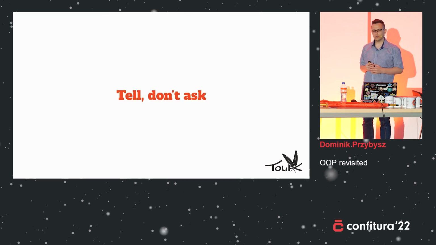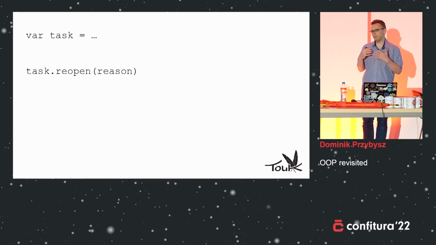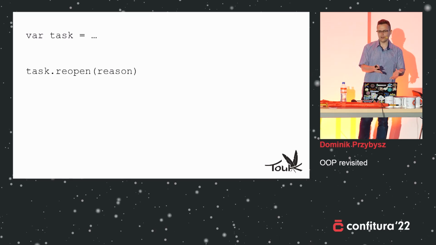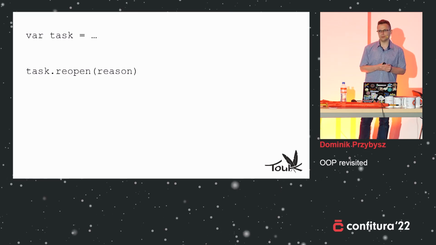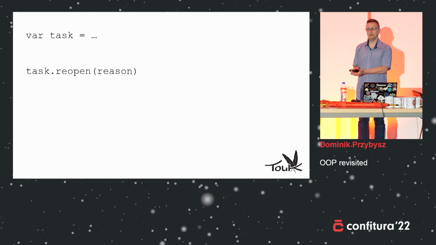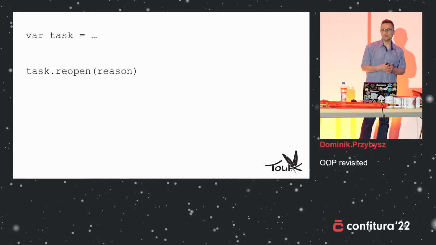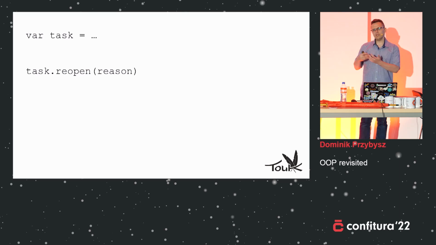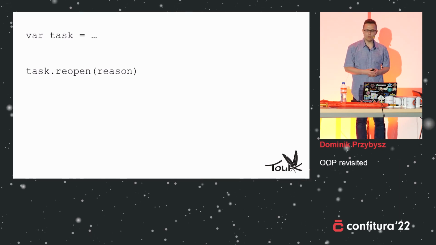So we have the rule called tell, don't ask, which says that we should just pass the message to the object, for example, reopen with some specific reason. And as a result, we will return maybe nothing, because no news is good news, maybe the value true, maybe some new version of this object when we model our code in an immutable way, or maybe we should receive false, maybe some exception when something went wrong.